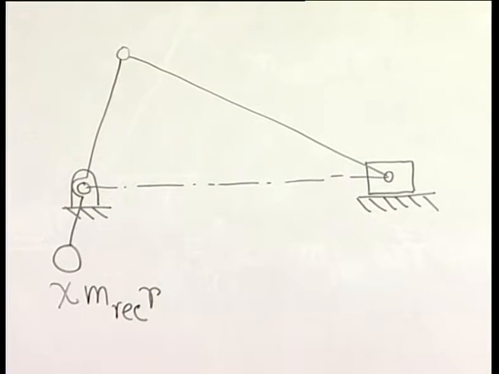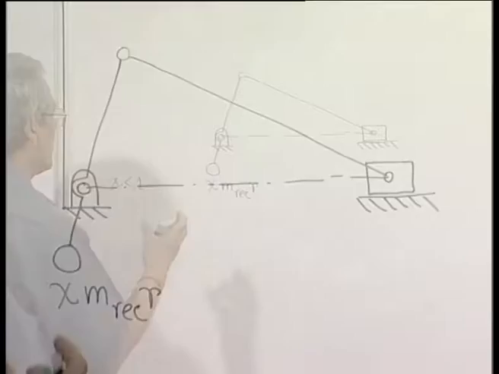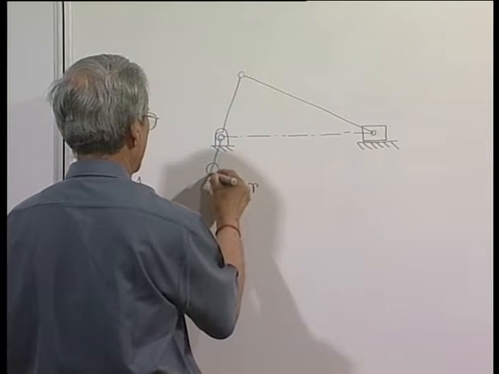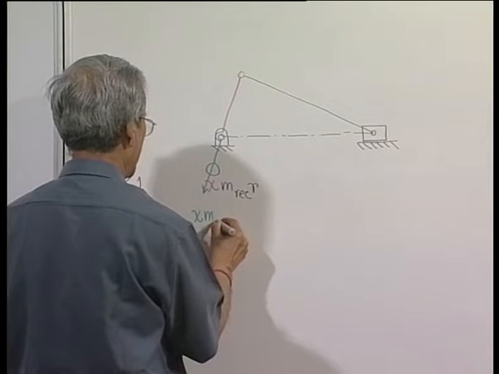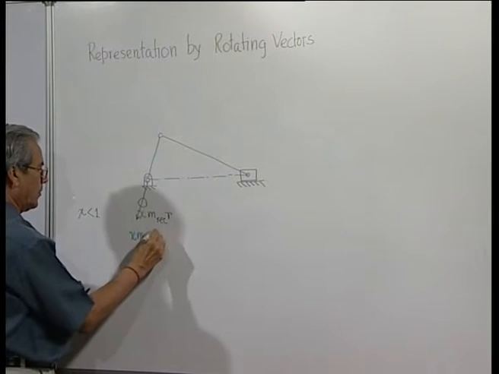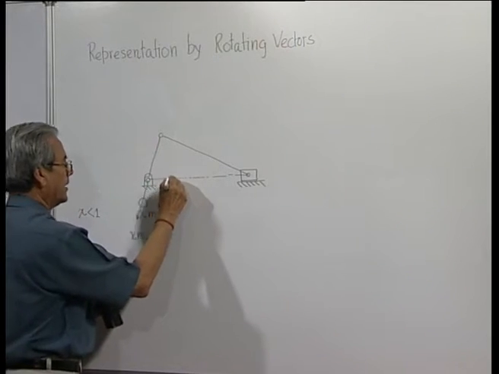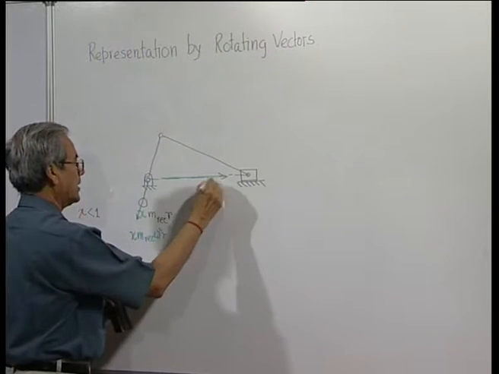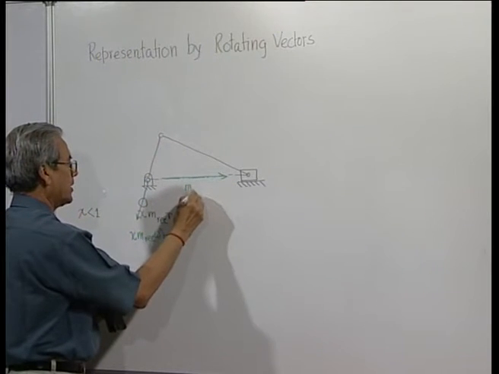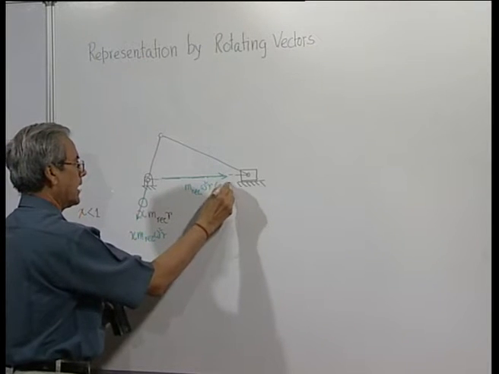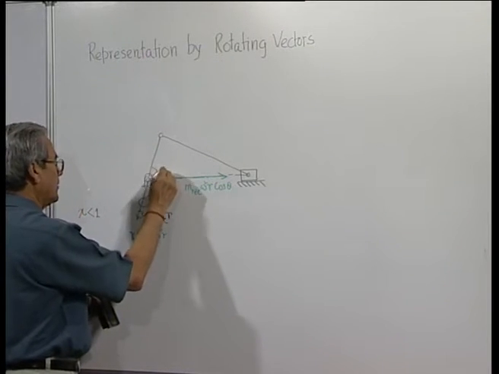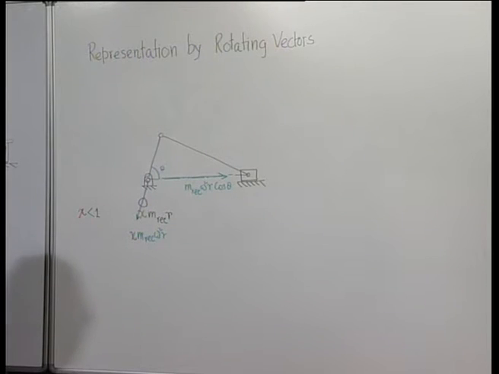So, what will happen here? This force that will be generated will be m reciprocating omega square r, and the unbalanced force in this direction is m reciprocating omega square r cosine theta, or omega t cosine omega t.